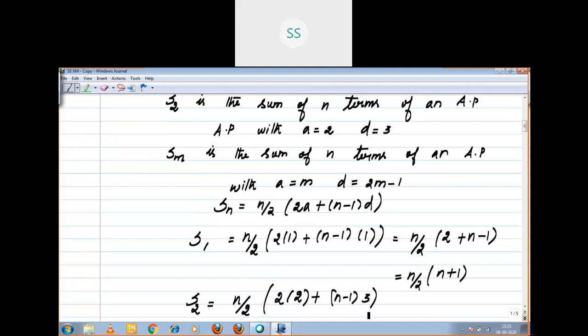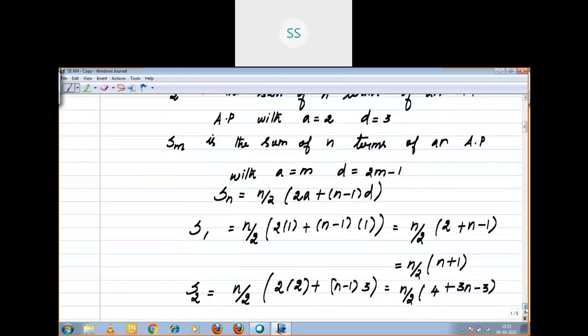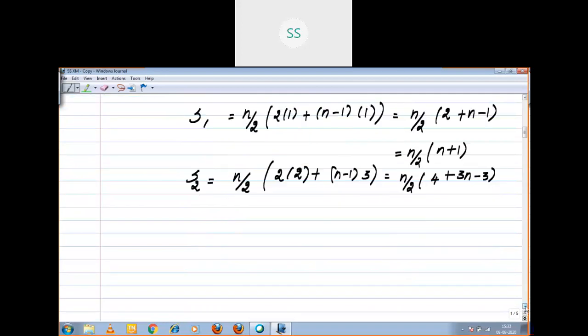D is 3, which equals n by 2 into (4 plus 3n minus 3). Now, what is your format? n by 2 into (3n plus 1). Like that it will go on.